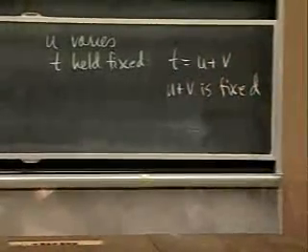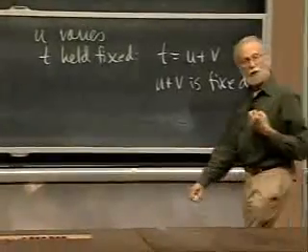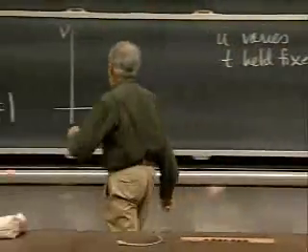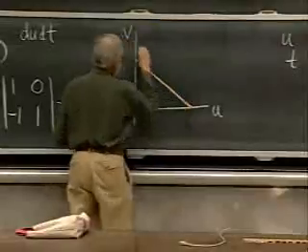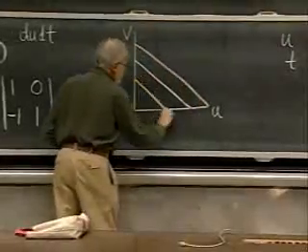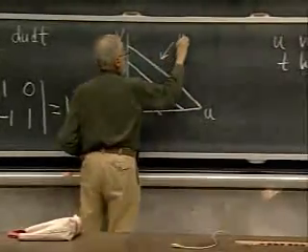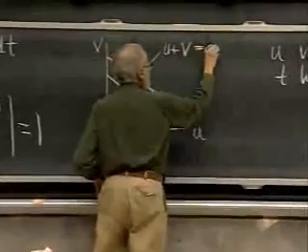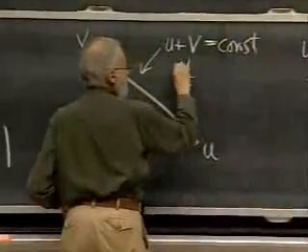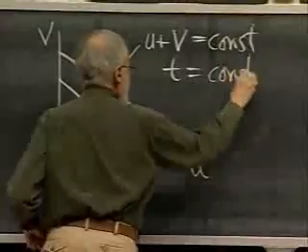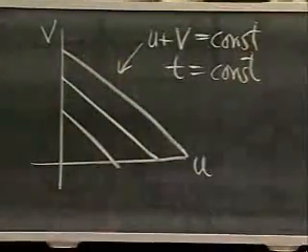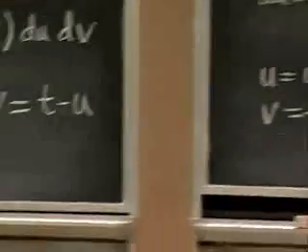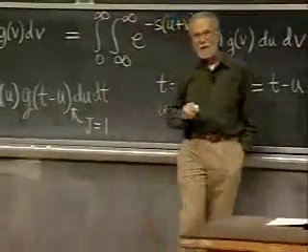Where are the curves along which u plus v is a constant? Well, they are these lines. These are the lines along which u plus v equals a constant, or t is a constant. The reason I'm holding t constant is because the first integration only allows u to change.